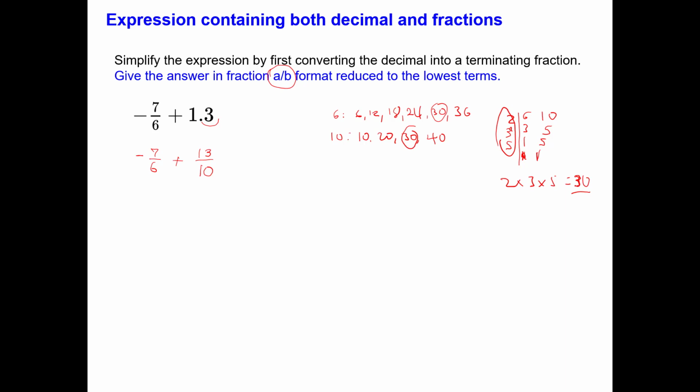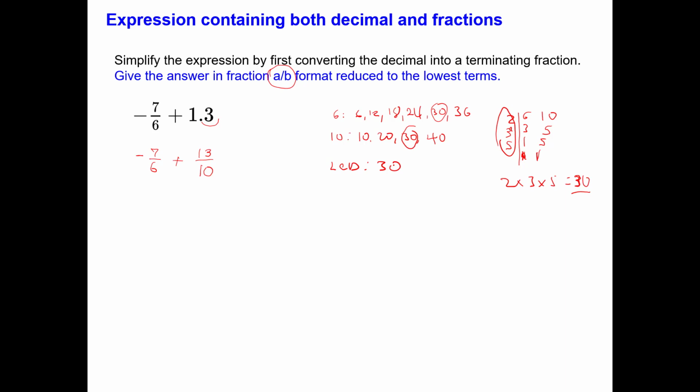Here we need to multiply by 5 to get the equivalent fraction with the denominator 30, because in both cases we want the LCD as the common denominator. Let's write here LCD 30.